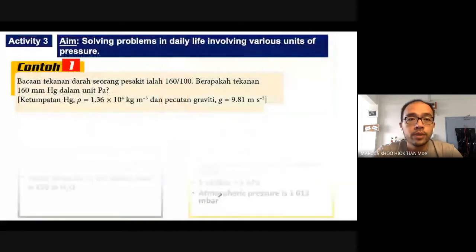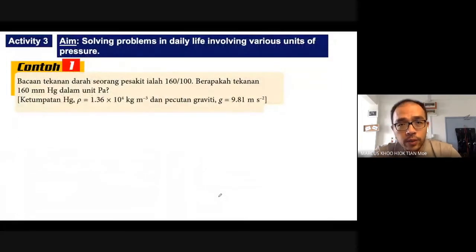Okay, sorry. So this is example 1 in your textbook. The first thing that I want to teach you all is how to change, for example, centimeter Hg or millimeter mercury to pascal. This is the important thing.